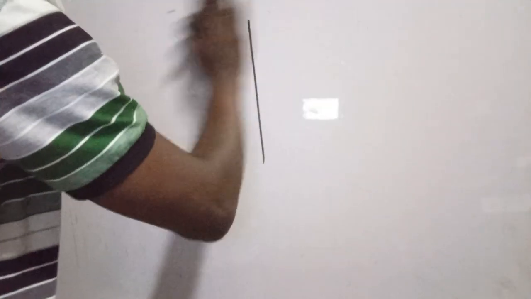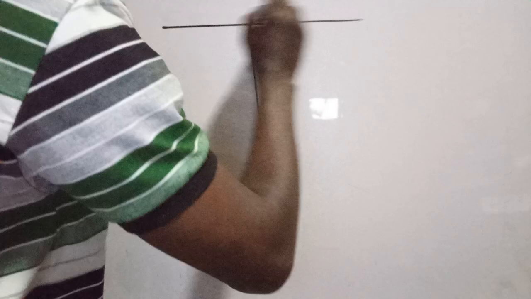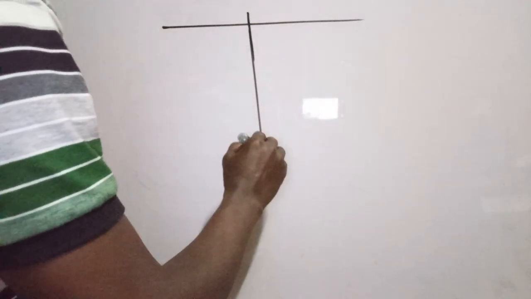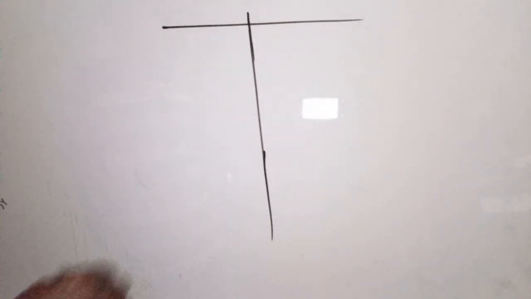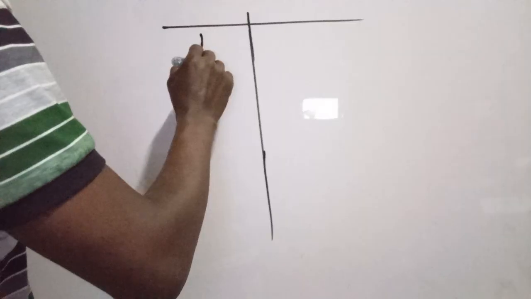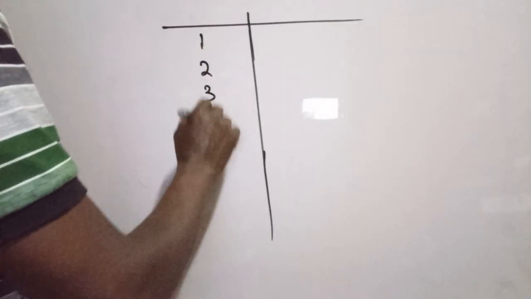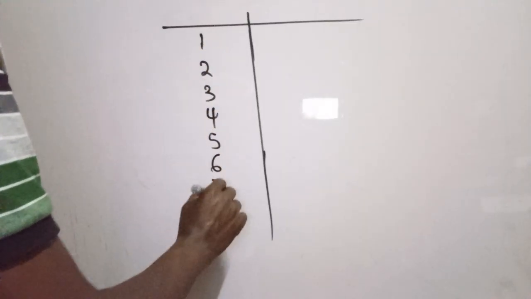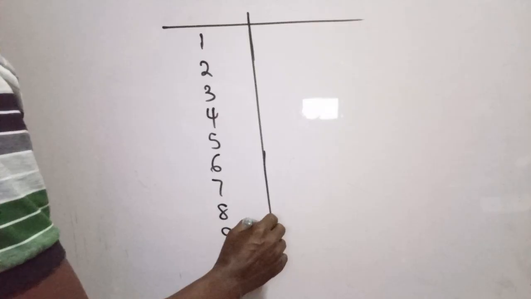The next thing for this to be applicable is mapping. There's something we call mapping of these numbers. What do you mean by the mapping? Let's look at it. 1, 2, 3, 4, 5, 6, 7, 8, 9.